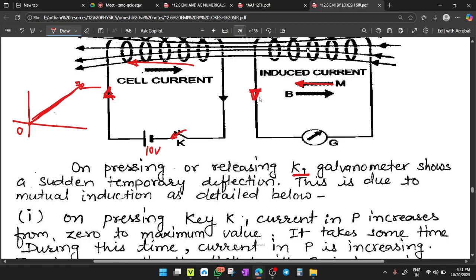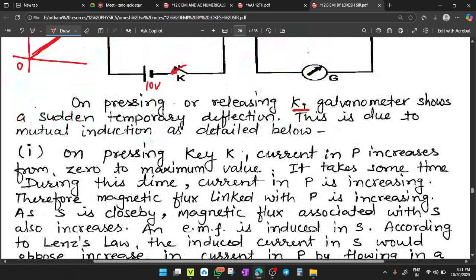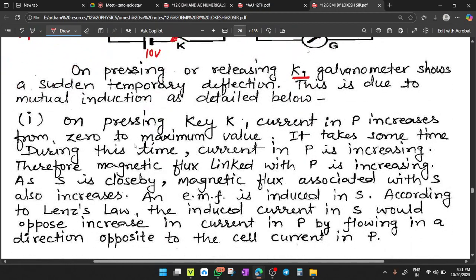So on pressing the key K, current in P increases from 0 to the maximum value. It takes some time. During the time current in P is increasing, therefore magnetic flux linked with P is also increasing. And S is close by. S means the secondary coil is close by, nearby.